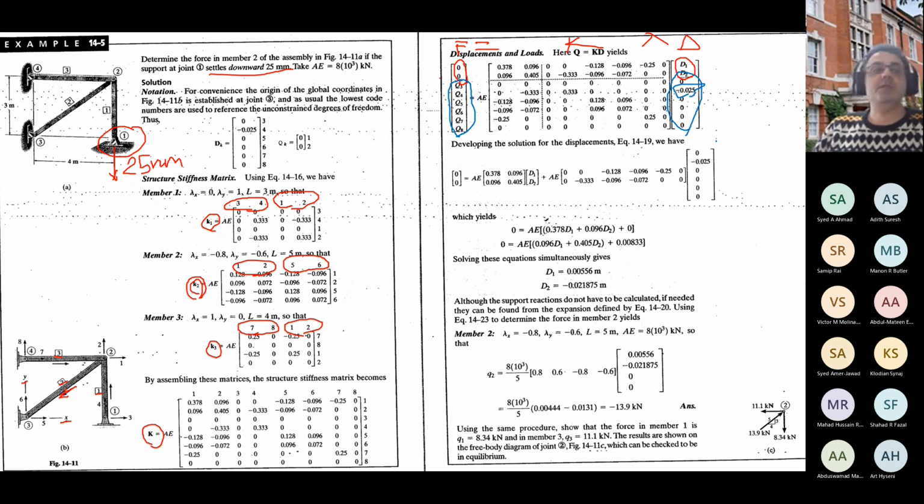Usually, if we didn't have support settlement, this place would be zero, but this is not. The support settlement goes here, and this affects your calculations. Usually, if we didn't have the support settlement, we would eliminate the rows and columns of 3, 4, 5, 6, 7, 8, because we had zero in the delta vector.